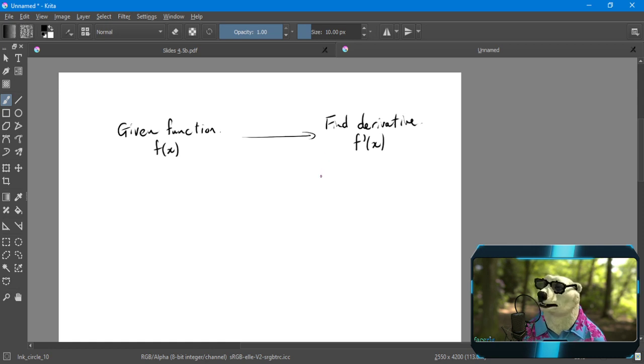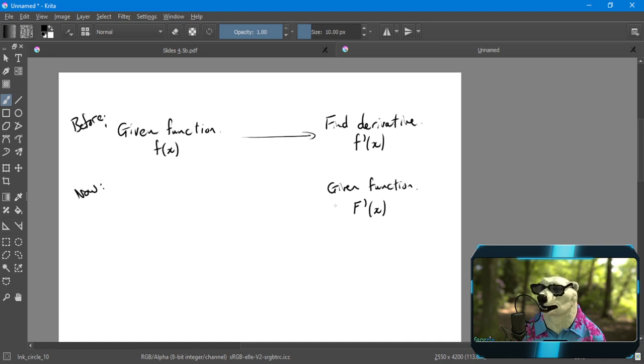What we could do is flip this around and change the question. Before we were doing this. Now, we are essentially going to do the same thing, but we're going to do it backwards. We're going to be given some function. That function is going to be the answer to the derivative question. So let's call it big F prime of x, just to change the name.